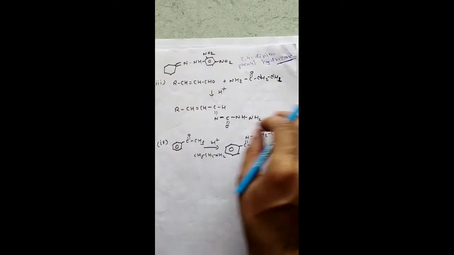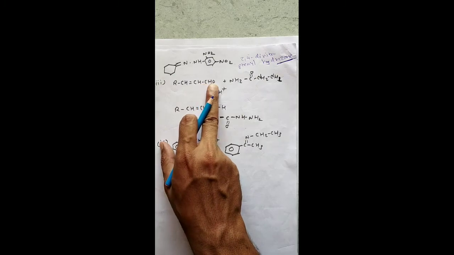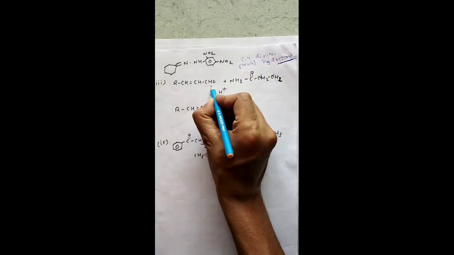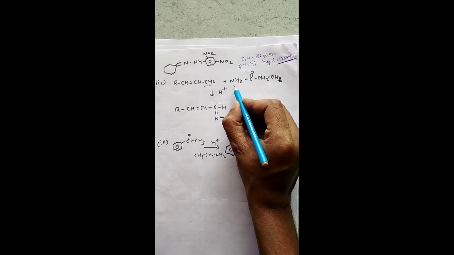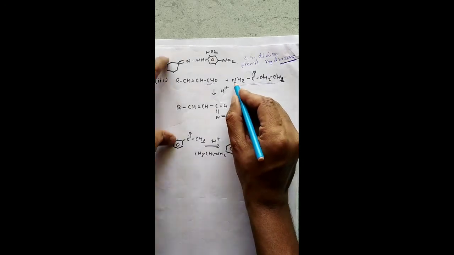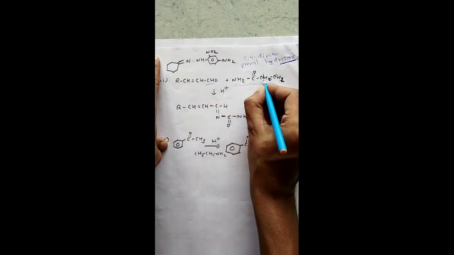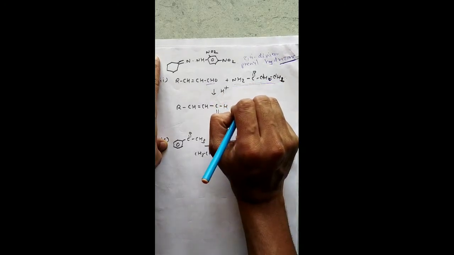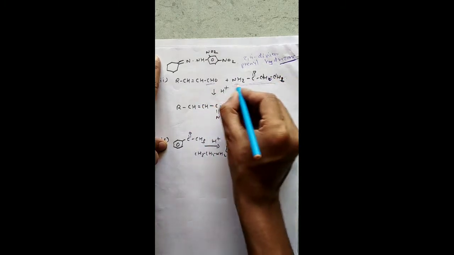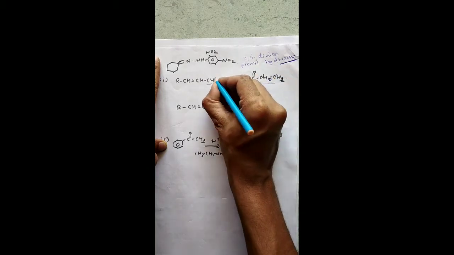Now the next one. RCH double bond CH, then CHO, means it is an aldehyde. When it reacts with semicarbazide, this one is called semicarbazide, NH2 CO NH NH2. When it reacts with aldehyde, again the same method you have to apply here.